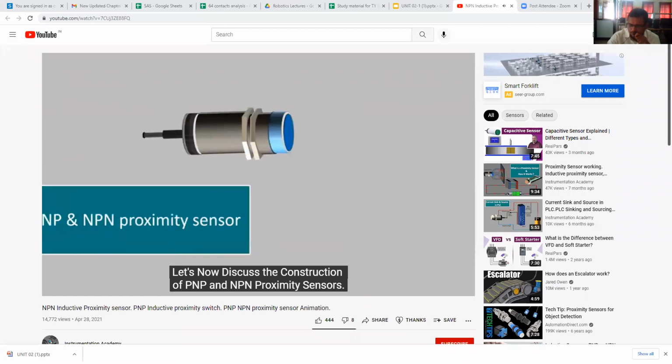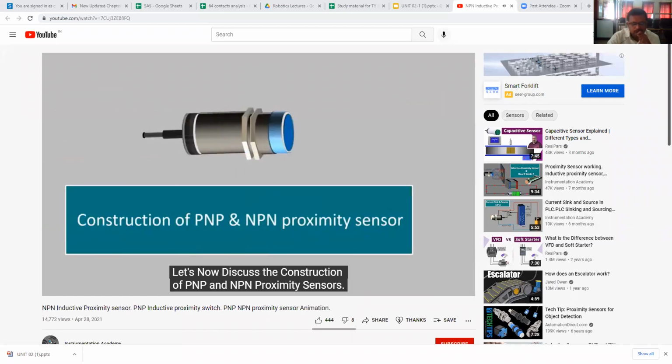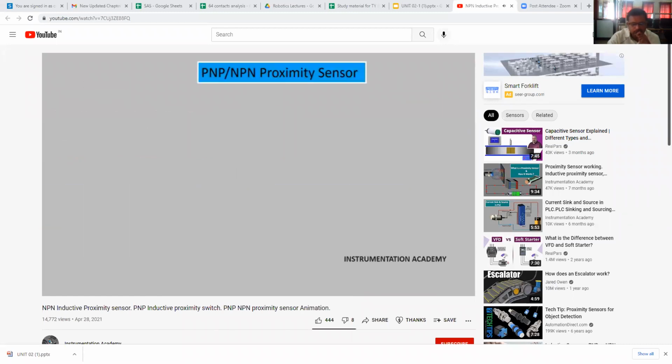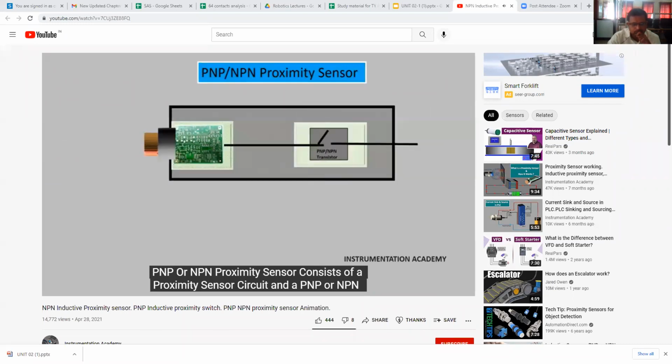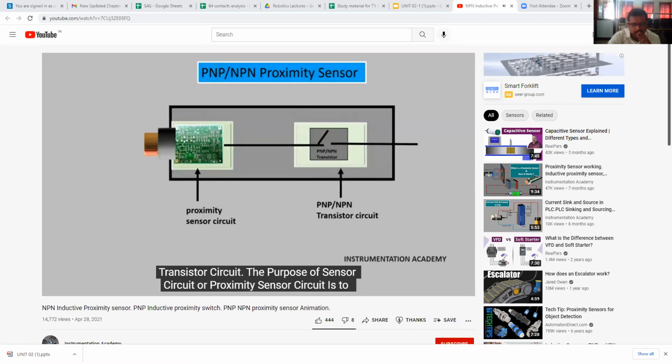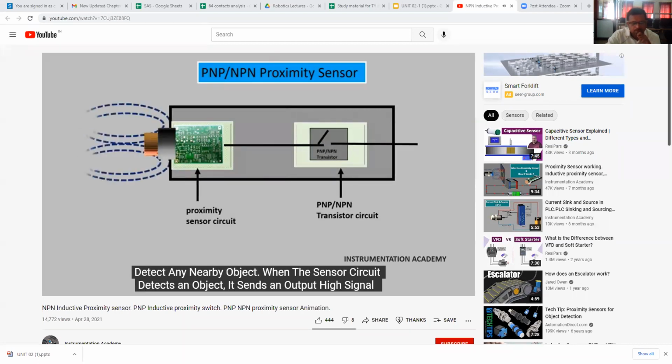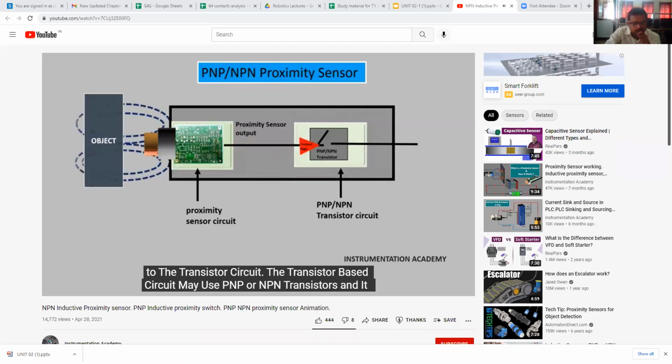Let's now discuss the construction of PNP and Npn proximity sensors. PNP or Npn proximity sensor consists of a proximity sensor circuit and a PNP or Npn transistor circuit. The purpose of sensor circuit or proximity sensor circuit is to detect any nearby object. When the sensor circuit detects an object, it sends an output high signal to the transistor circuit.